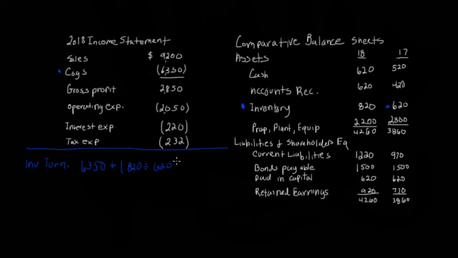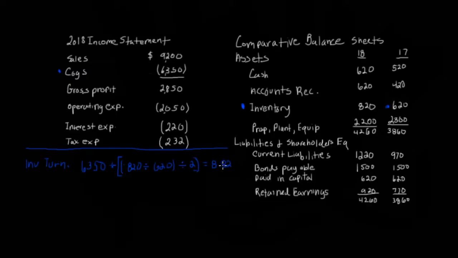Then you're going to close the parentheses, divide by 2, and these should be brackets here. Okay. Your final product should be 8.82.